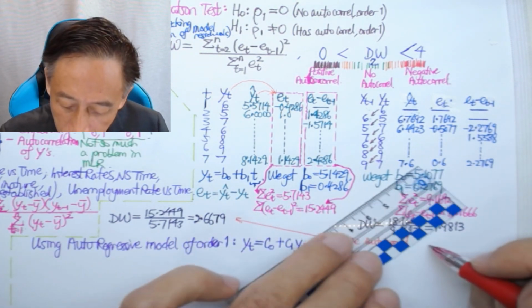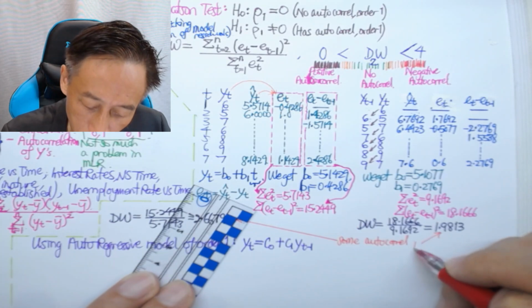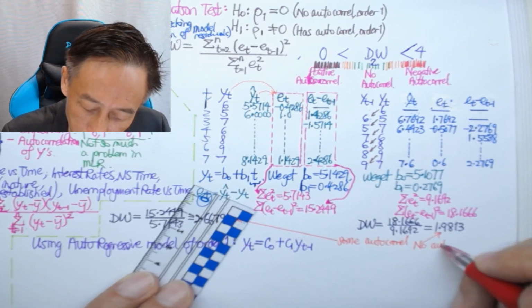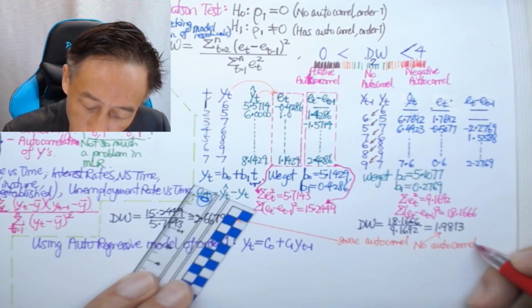Right. And this means no autocorrelation, order 1, of course.